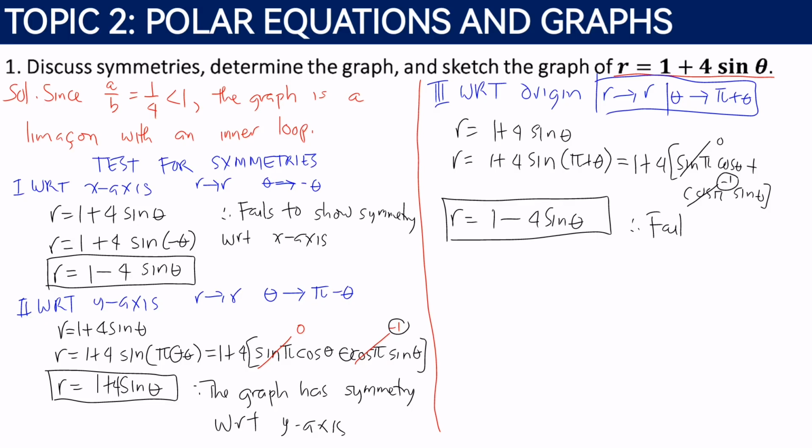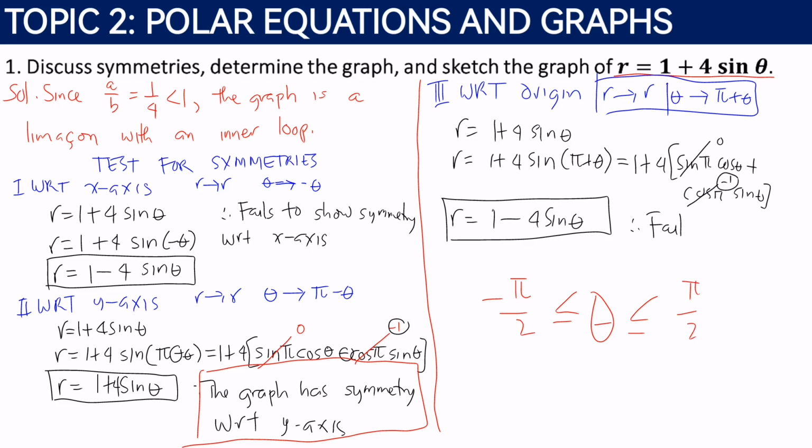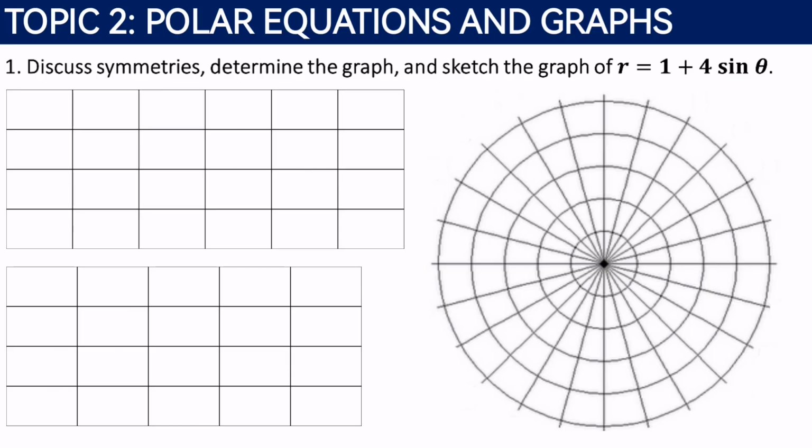So we only have one symmetry, that's with respect to y-axis, meaning it's enough for us to consider points from negative pi over 2 to pi over 2. Then, copy that to the left of the y-axis. So let's do that.